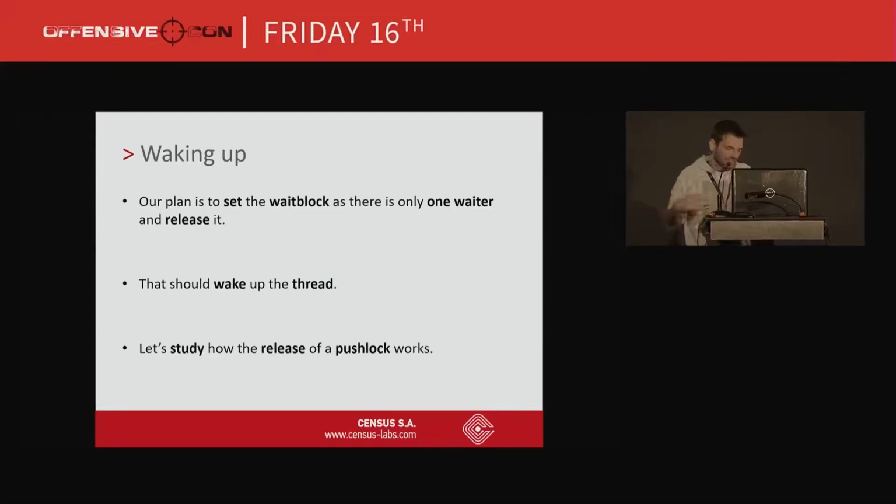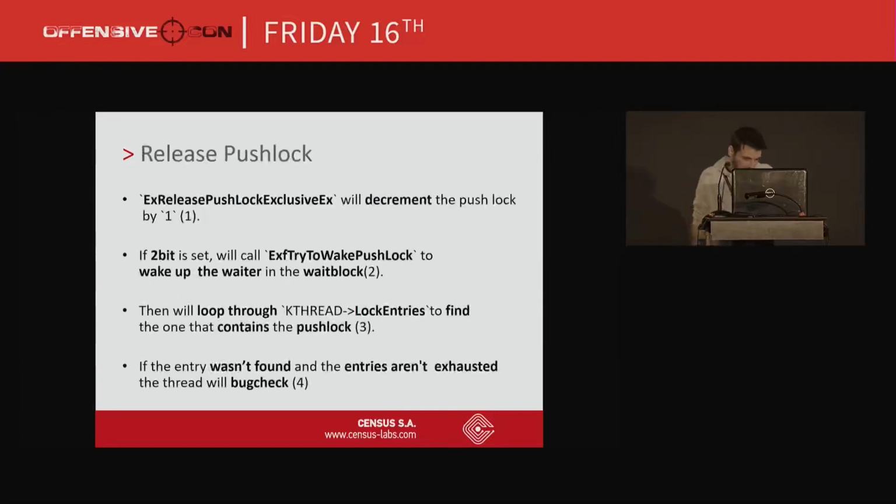So in order to understand what's going on behind the scenes, let's study how the release of a push lock works. So ExReleasePushLockExclusive will decrement the value of the push lock by 1. And if the second bit is set to that value, ExfTryToWakePushLock will be called, trying to wake up any waiters in the wait block.